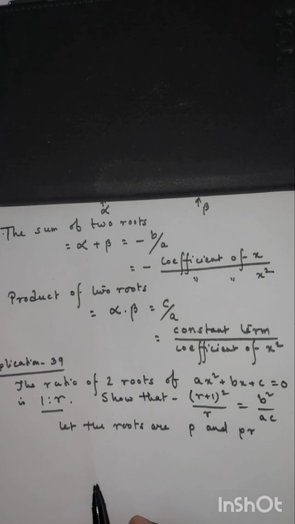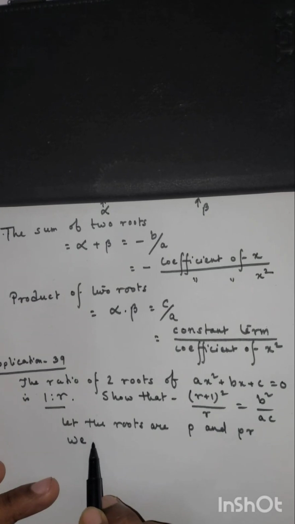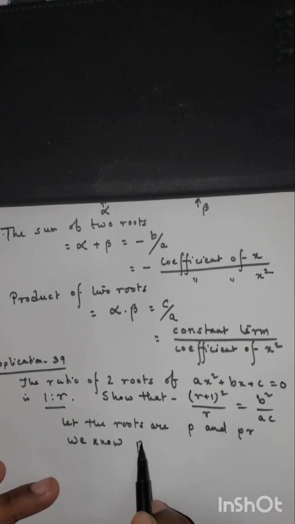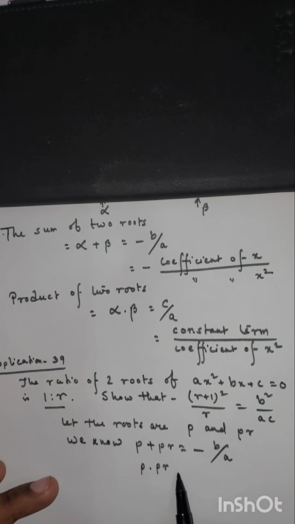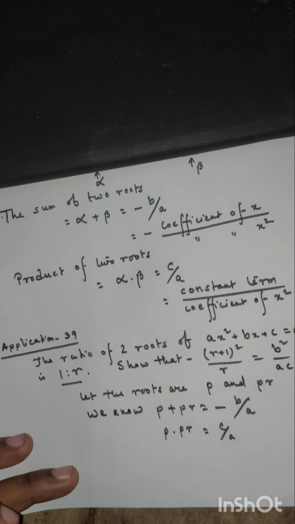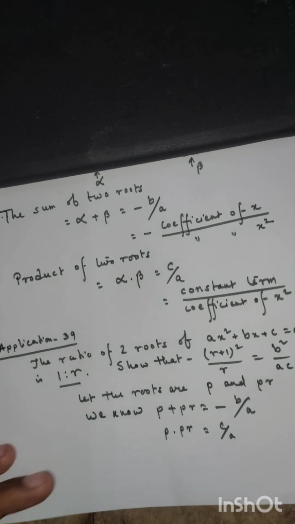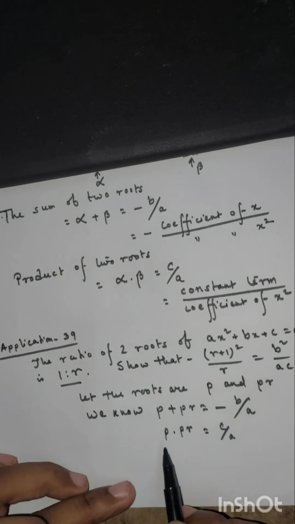Now we know the sum of two roots equals minus b by a, and the product of two roots equals c by a. Now let us write it like this.